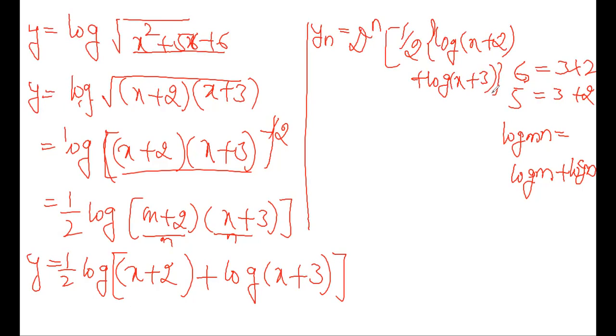Differentiating means we take the nth derivative of each separately. The constant 1 by 2 we take outside.